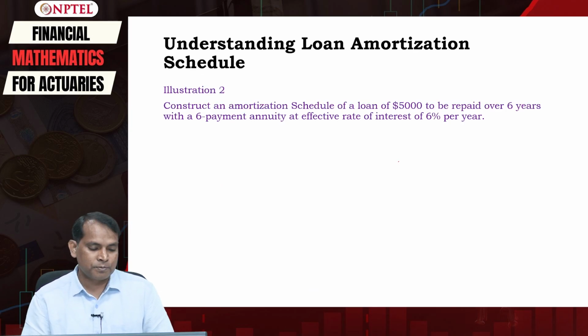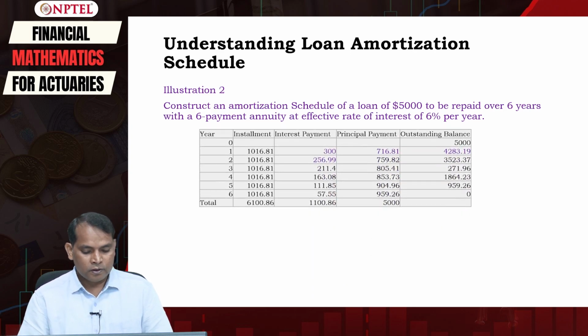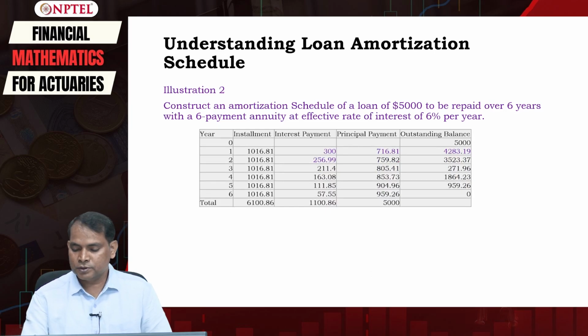Take another example which says: construct an amortization schedule of a loan of $5,000 to be repaid over 6 years with a 6 payment annuity immediate at an effective rate of interest of 6% per year. Now, using the same principle, you can construct this table.